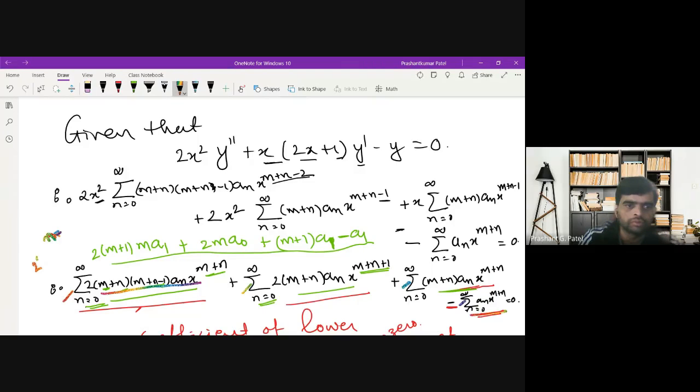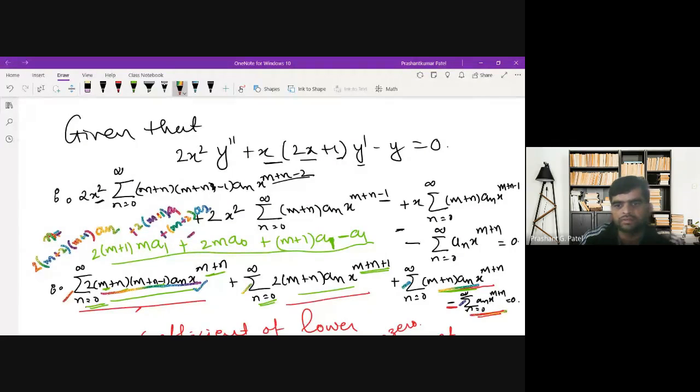2 into m plus 2, m plus 1, then it is a2. Right? Here you have to substitute n equal to 1. That will give you 2 into m plus 1 into a1. Here you will have m plus 2 into a2, so it is plus m plus 2 into a2.